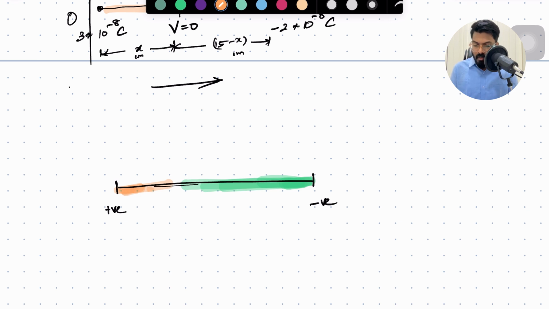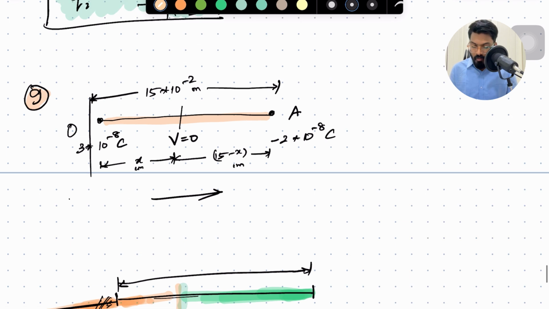It's not to scale, but somewhere both get cancelled, somewhere in the middle. But if we go left, we are not going to get that cancellation. We are going to have some potential coming from A on this side.